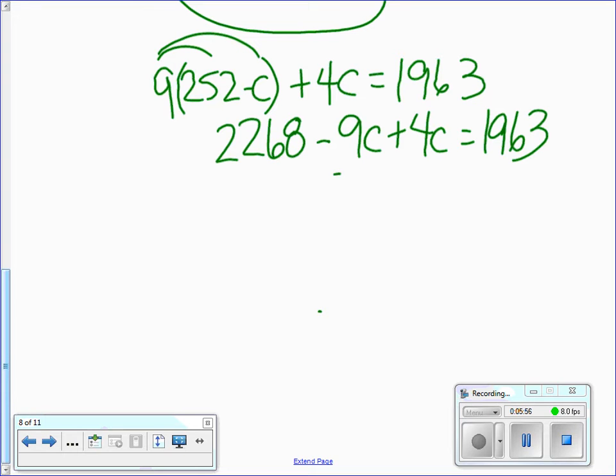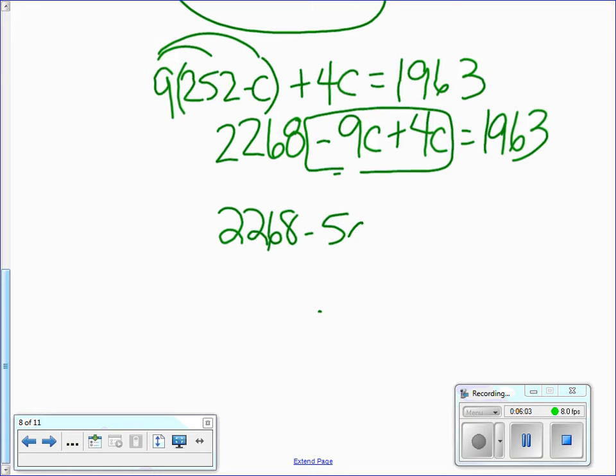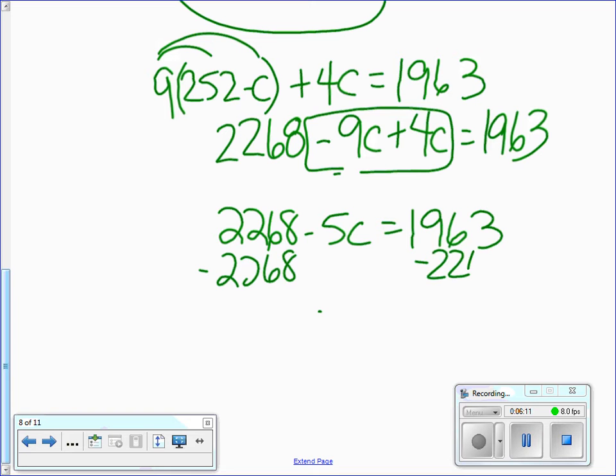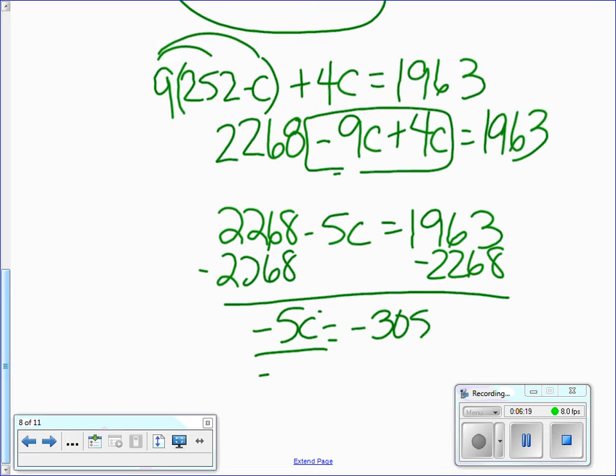Then I'm going to combine like terms, so I get 2,268 minus 5C equals 1,963. I subtract 2,268 from both sides. I get negative 5C equals negative 305. Divide both sides by negative 5, and I get C is equal to 61.